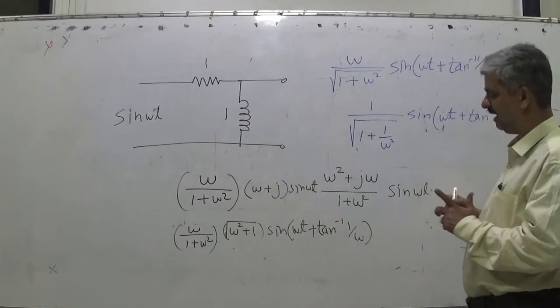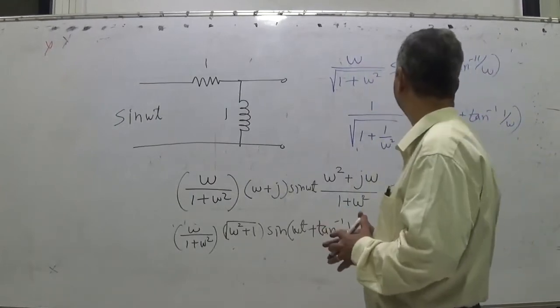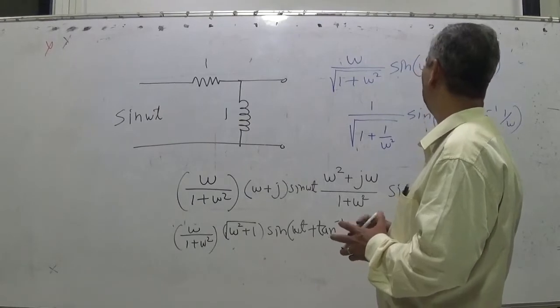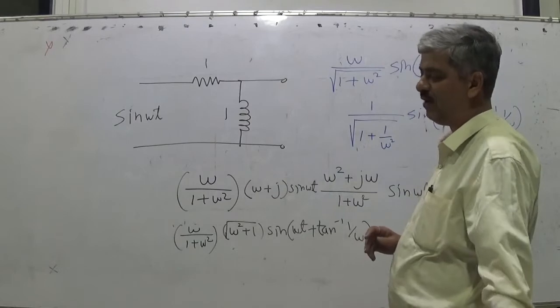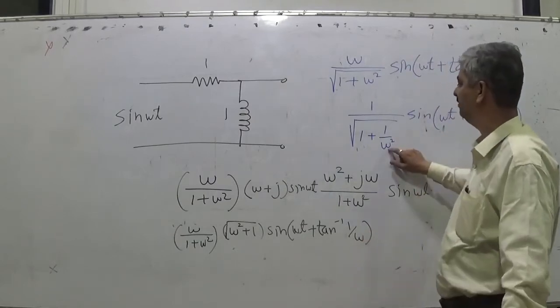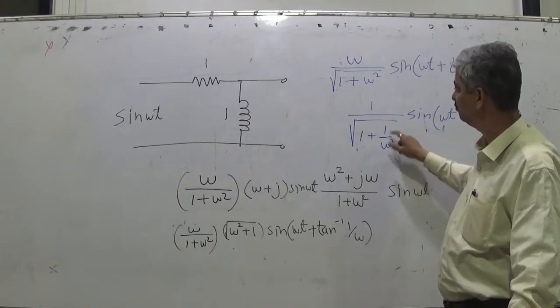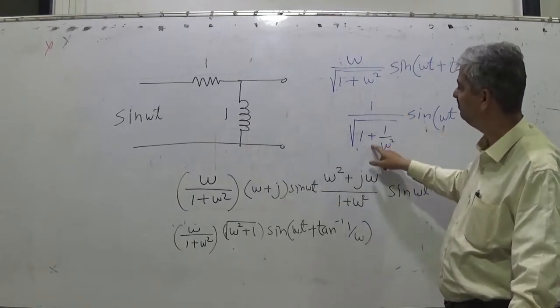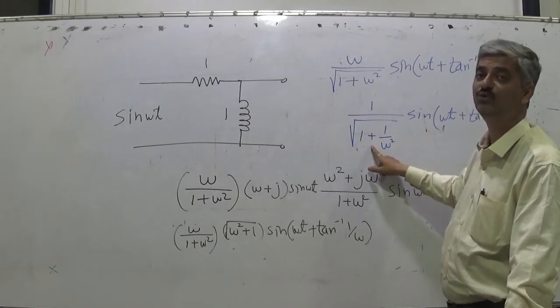So what will we understand from this? At low frequencies, at zero frequency, omega is 0. So 1 upon 0 would be infinite. So 1 upon infinity would be 0. So low gain.